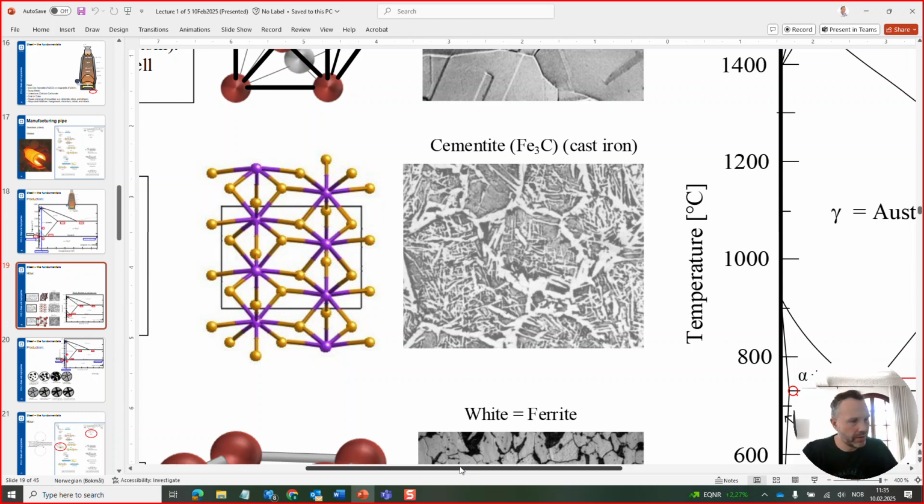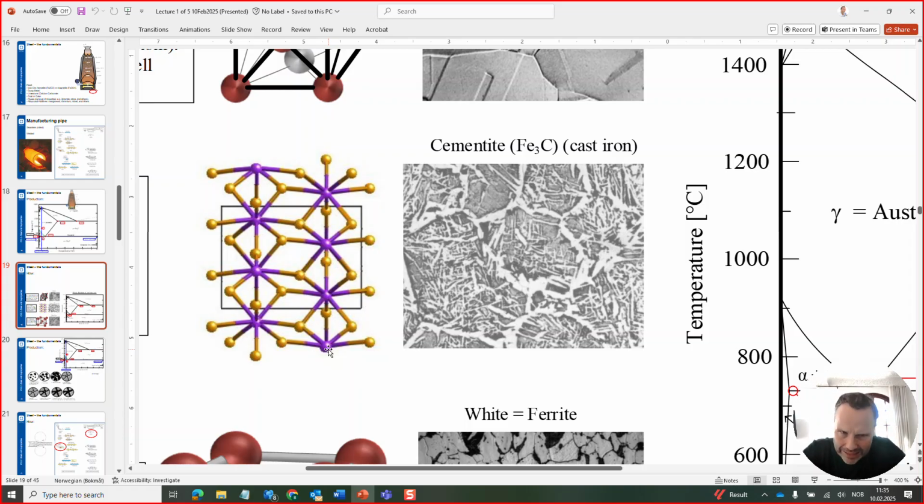Cementite has a very specific structure. I'm not going to try to explain this structure for you guys. It's very strange. The purple atoms being carbon, and they go into the lattice with steel.